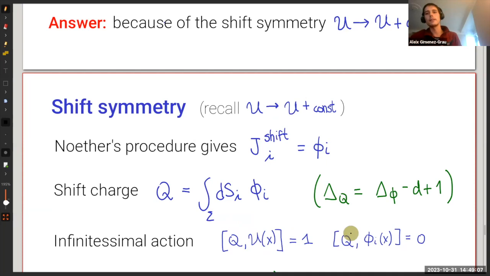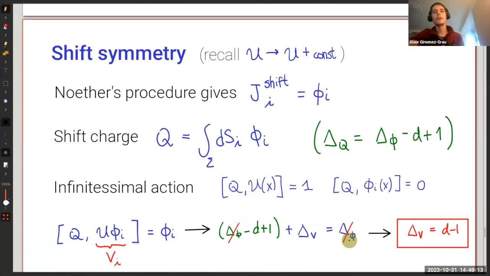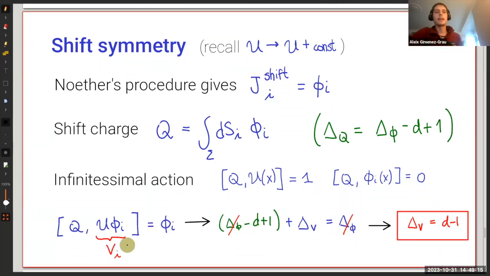And this symmetry doesn't act on phi, and therefore the commutator of Q with phi gives 0. Now remember that I was saying that our virial current is essentially U times phi. So you take the commutator with this object: Q with U gives 1, Q with phi gives 0. So then what you get again is phi.